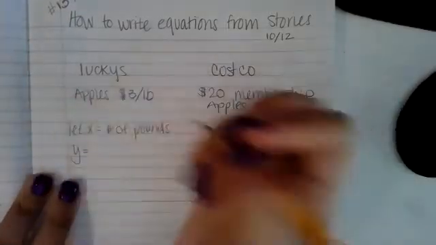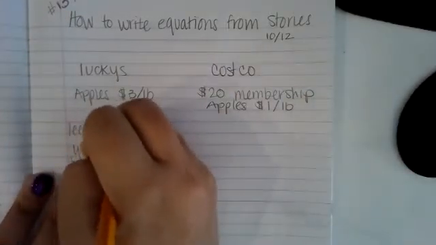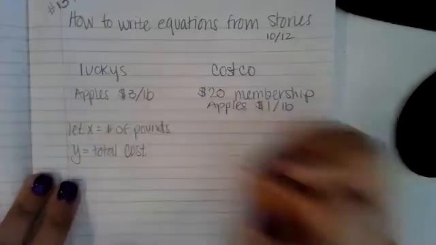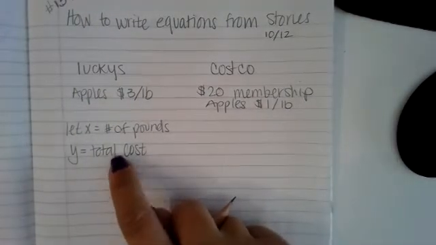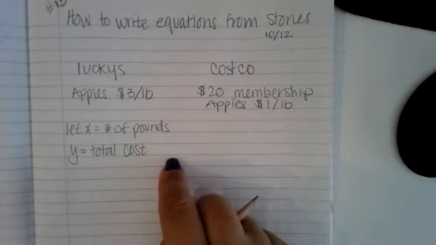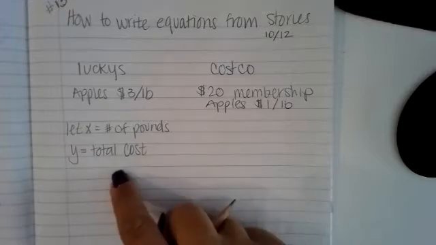Y is going to be my total cost, or dependent variable, because the cost depends on how much I purchase. So it changes based on the independent.